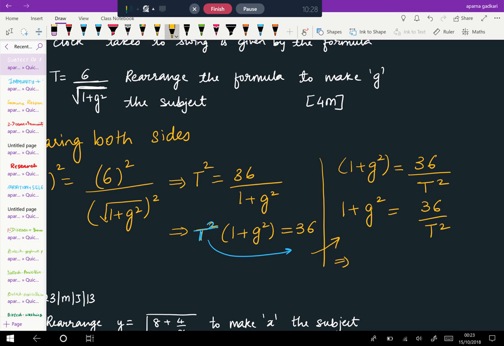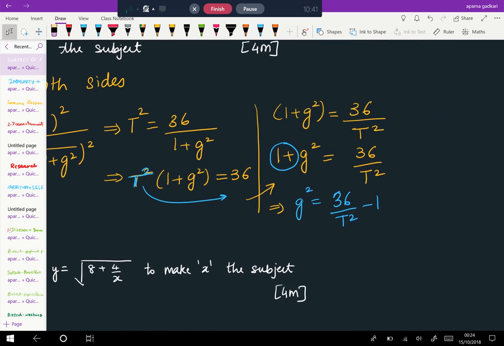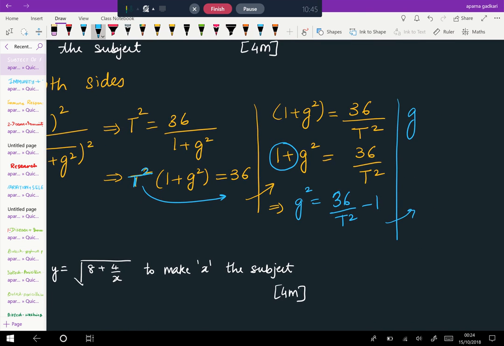Therefore, shifting this plus 1 on the other side, I get g square equals 36 divided by t square minus 1, or simply g equals square root of 36 upon t square minus 1, and that's your final answer.